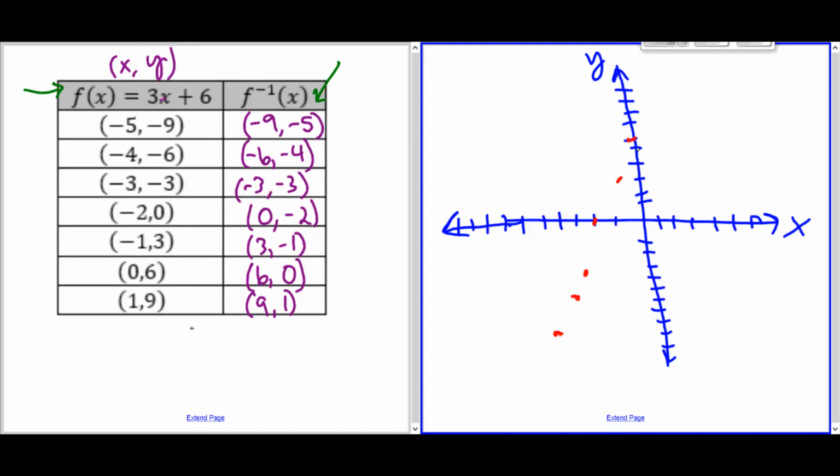And then 1, 9. So about here. And then I'm just going to connect those dots as best I can.